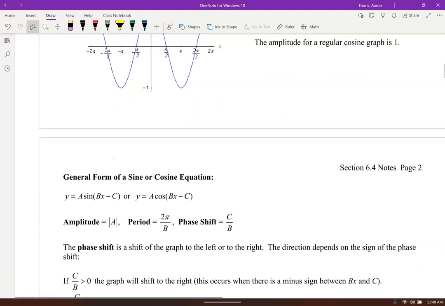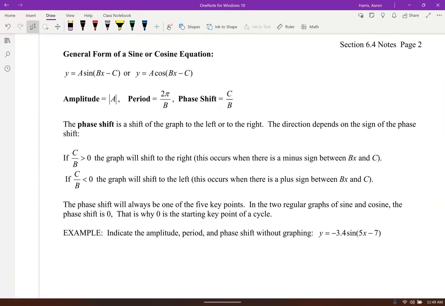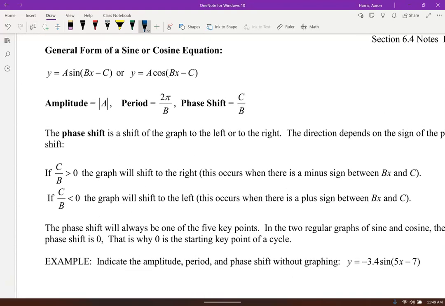Now let's talk about the general forms of these. Okay, so the general form of the sine is y equals a sine bx minus c, and I'm going to add on a plus d. This will be your vertical shift, up or down.